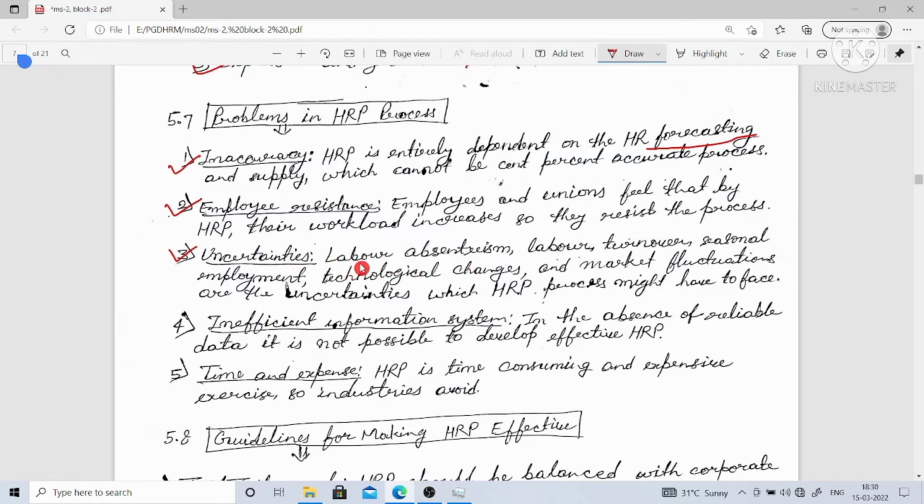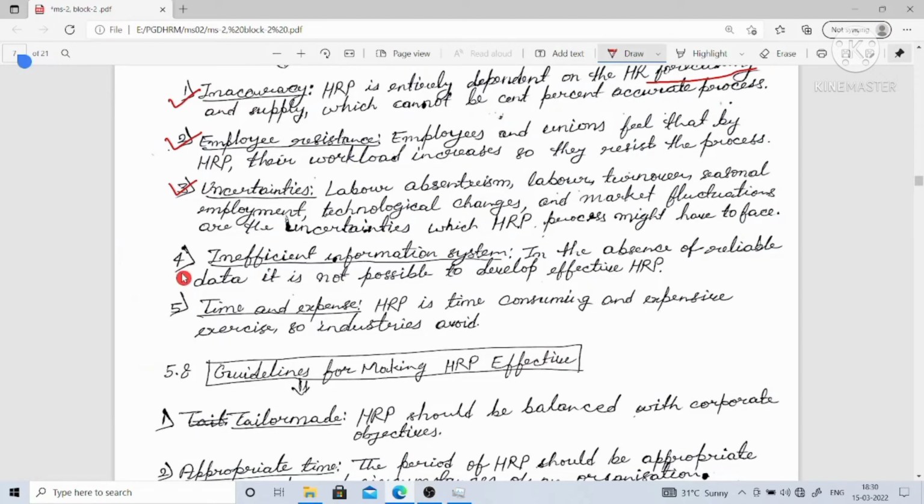Due to all these uncertainties present in the organizational environment, human resource planning will face a lot of problems.